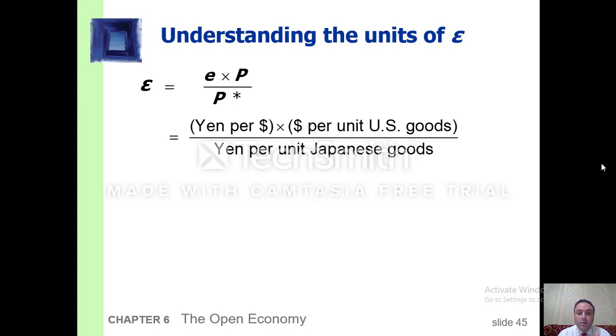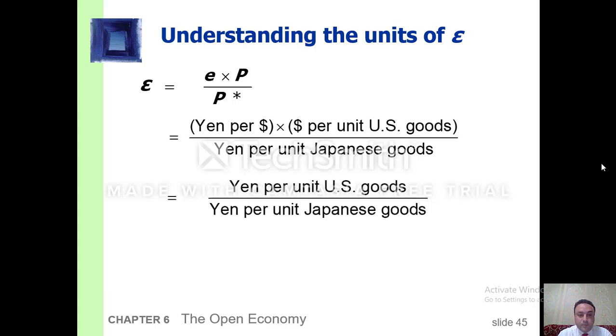So the real exchange rate equals the nominal exchange rate, for example Japanese yen per dollar, multiplied by P, the dollars per unit of US goods, and divided by the yen per unit of Japanese goods.